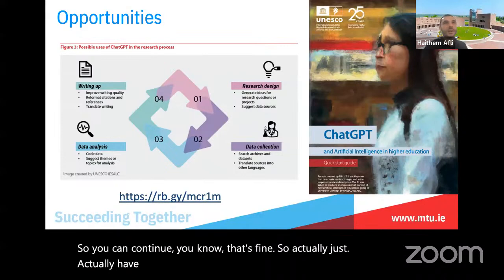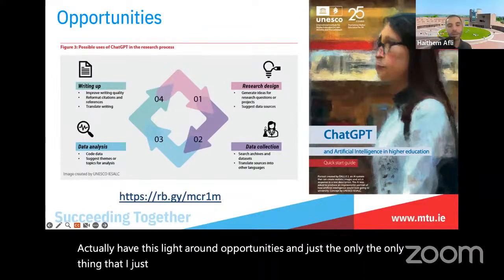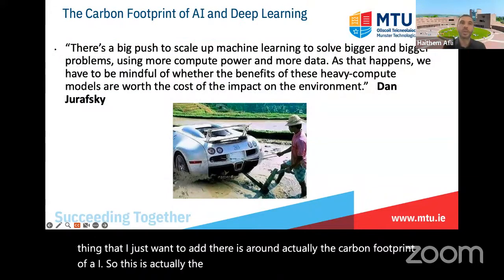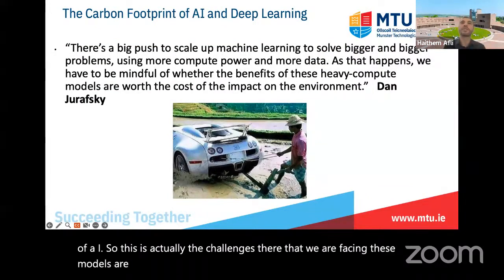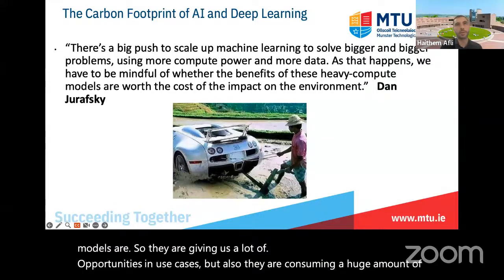So actually I have this slide around opportunities, and the only thing that I just want to add there is around the carbon footprint of AI. So these are the challenges that we are facing. These models are giving a lot of opportunities in use cases, but also they are consuming a huge amount of computer resources.